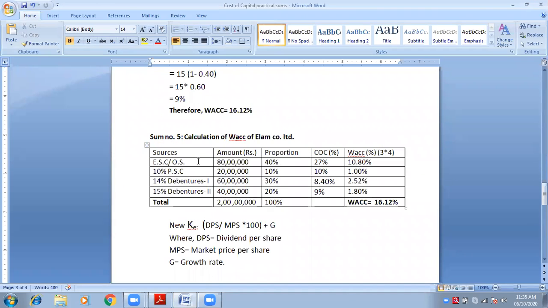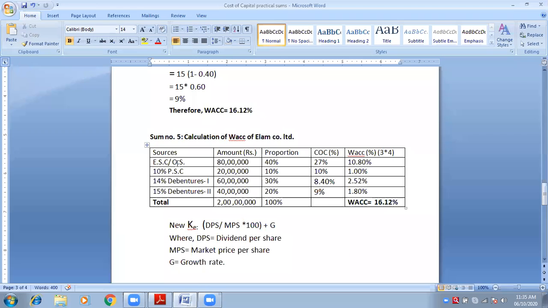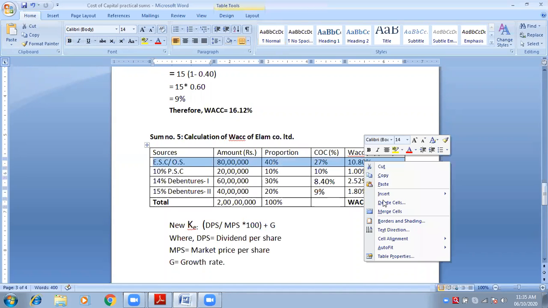How many sources? Sources is divided into 4 parts: debt, preference, equity, retained earnings. So we will write retained earnings.